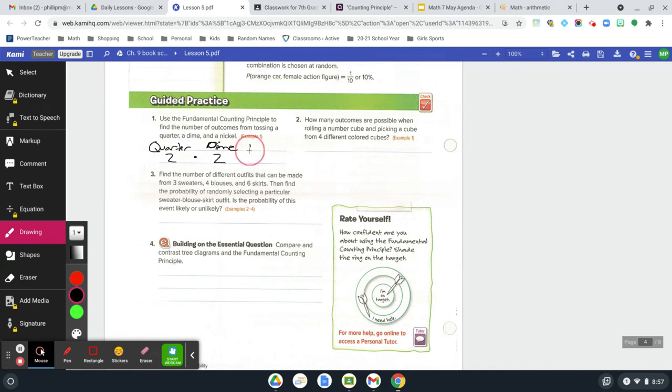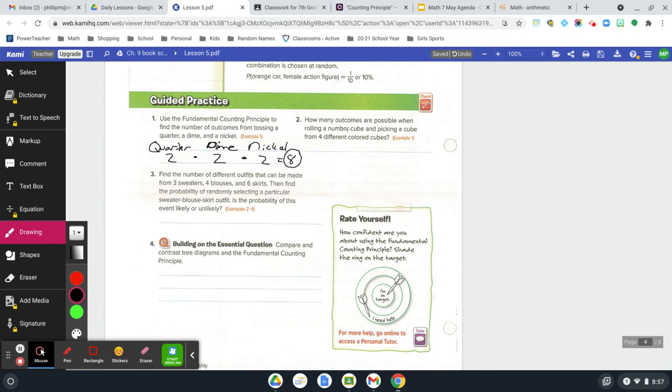And then the nickel, also heads and tails, so times 2. So you have 2 times 2 times 2, which is going to give you 8 total outcomes when you toss a quarter, a dime, and a nickel. 8 outcomes there.